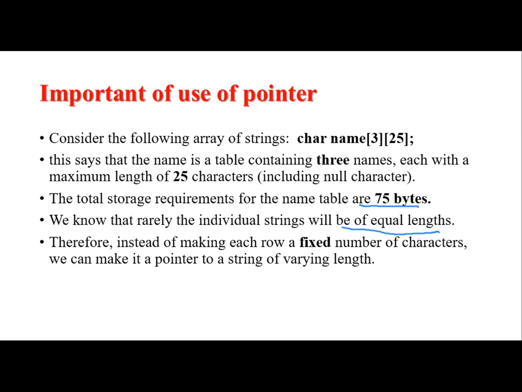It's possible to have similar lengths, but in most cases we cannot have equal length in all the names. Therefore, instead of making each row a fixed number of characters, we can make it a pointer to a string of variable length. So let us try and understand this one.